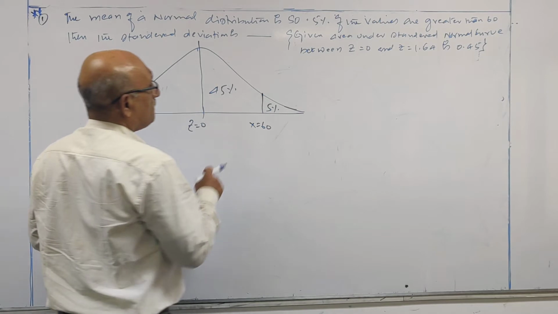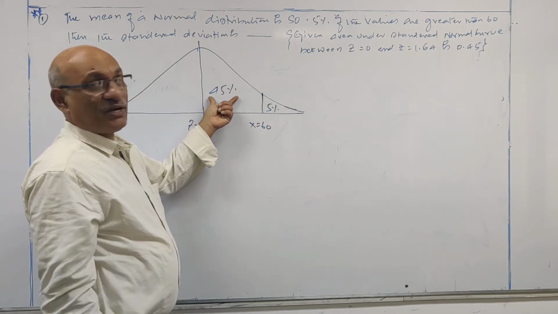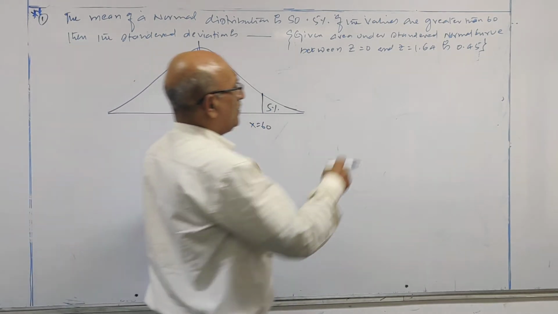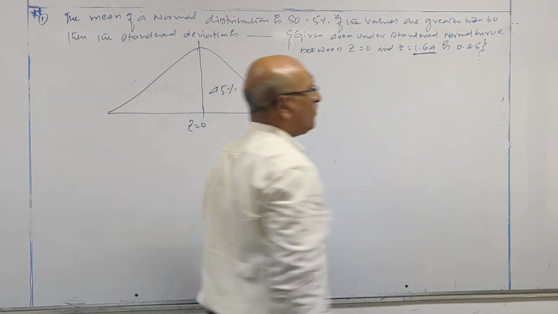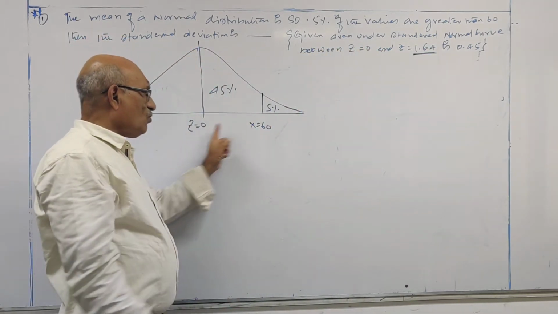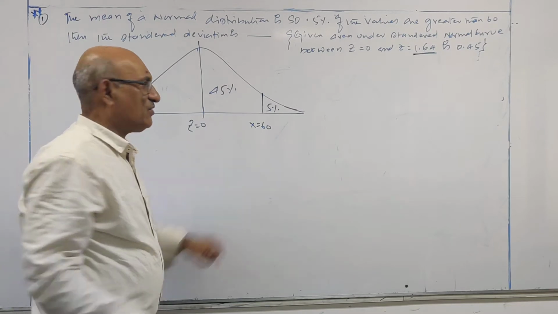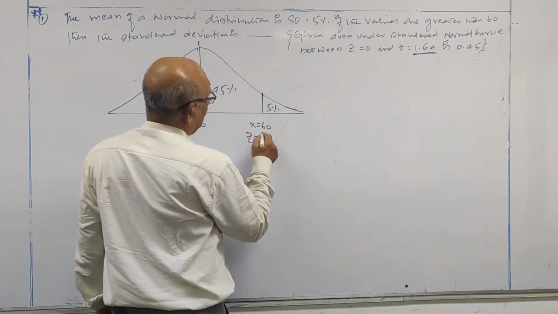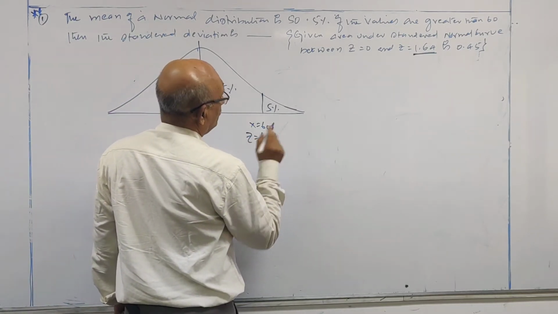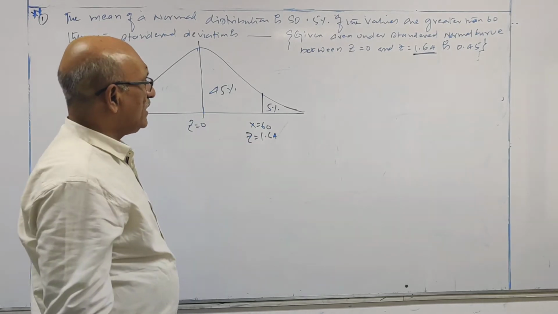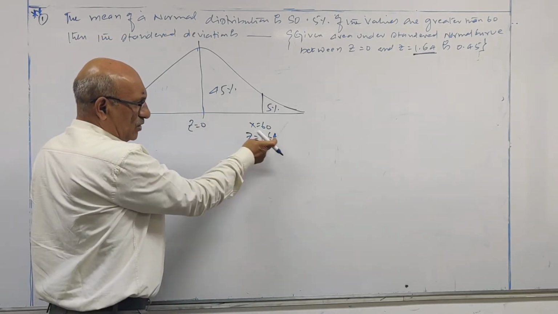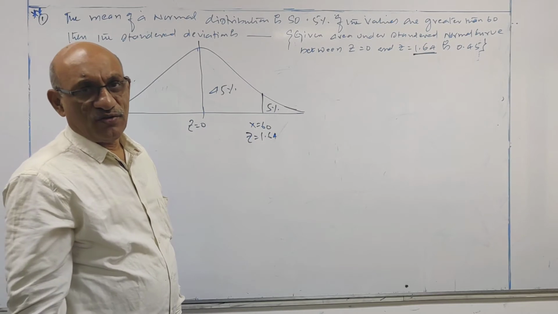When will I cover 45% of the area under the normal curve? When I move 1.64 units on the right hand side. This is 1.64. It is given in the problem, z is equal to 0 to z is equal to 1.64.